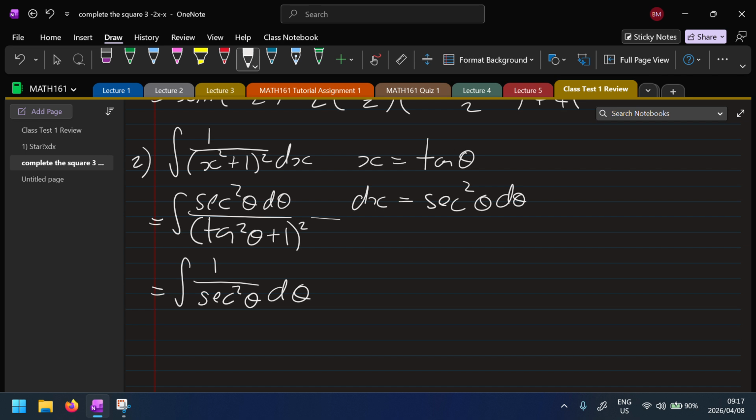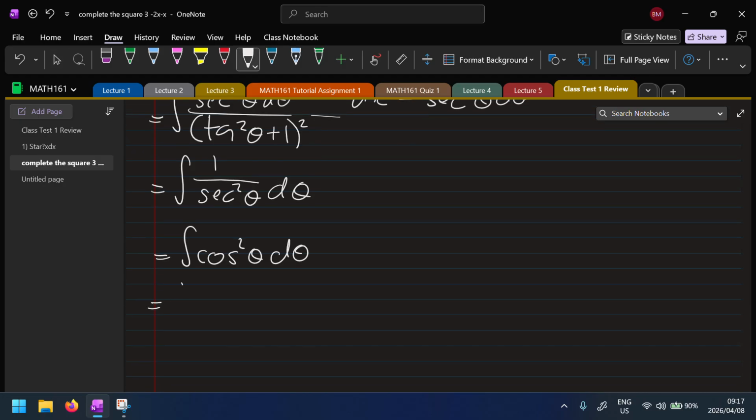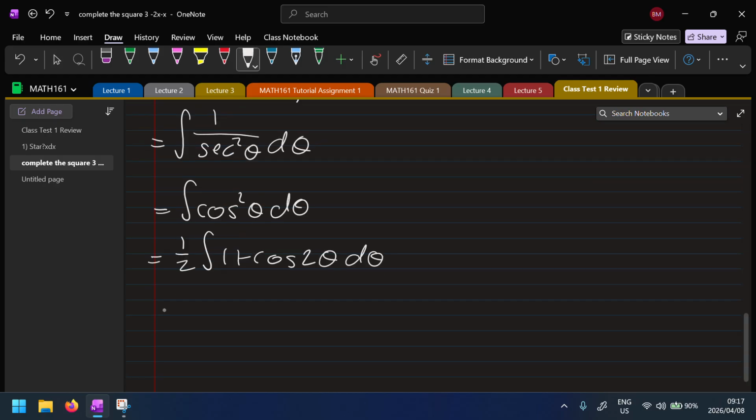So remember, sec is 1 over cos, so it just becomes cos squared. Oh, that's a bit easier to work with. So cos squared, we use that double angle again, but now with a plus, because it's cos. Yeah, so we have 1/2.